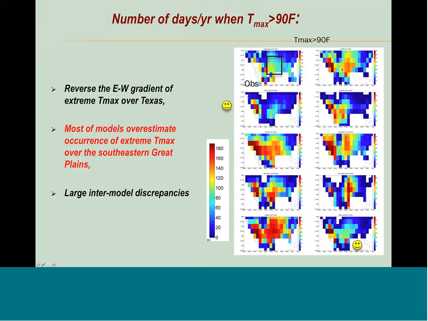As you can see, very few models could capture the observed spatial pattern as well as the frequency of extreme temperature. Most models tend to overestimate the extreme temperature over the southeastern Great Plains, whereas observation shows the warmest temperatures tend to occur over the west.